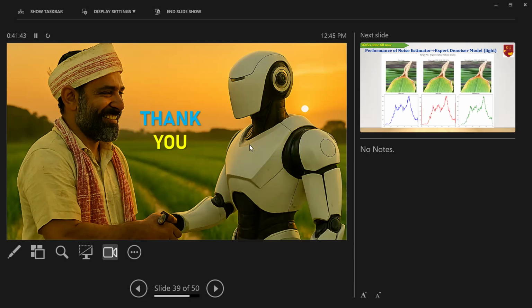The noise estimator will provide the noise type and level of the image, and the expert denoiser will take three inputs: the noisy image, the noise type, and the noise level. Based on these three parameters, it will predict the clean image. We have designed two expert denoiser models.